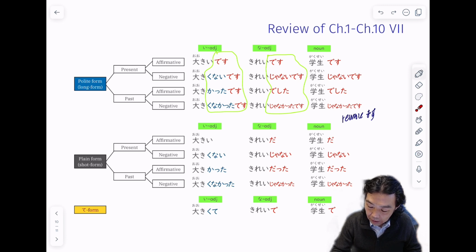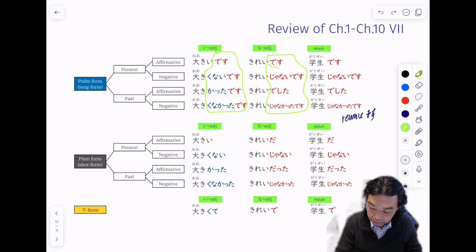So again, as far as these adjectives and nouns are concerned, you just drop this. Okay. The problem is here. For an adjective, the present affirmative of the plain form is the same. If it's a noun, it's だ.